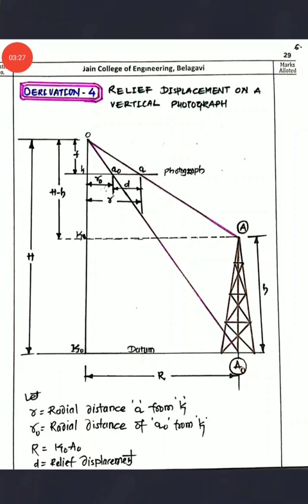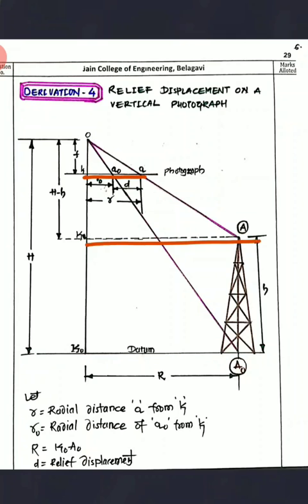Now if you take two similar triangles, I'll be taking this OKA as one triangle, and the second triangle O capital K and capital A as the second triangle. Both triangles are similar in nature, so what I can have is this OK divided by capital OK, that is small k divided by capital K A naught, or you can divide this capital K A, that you can keep here.